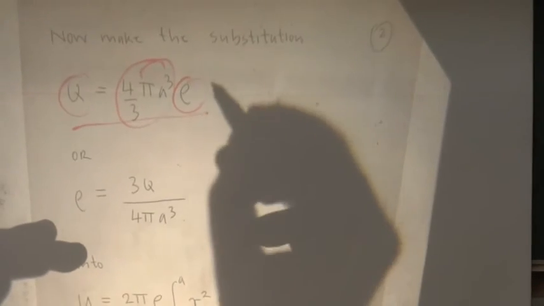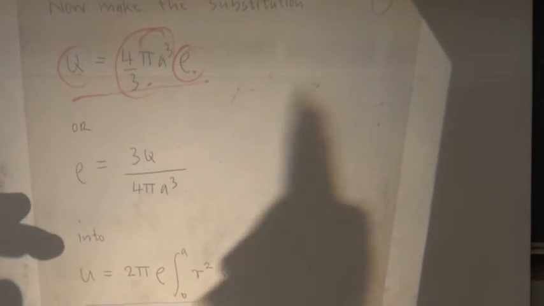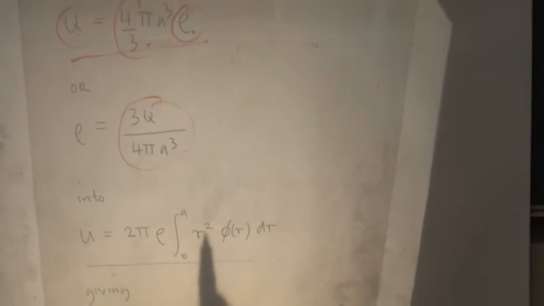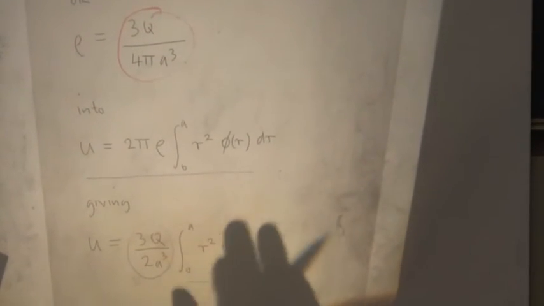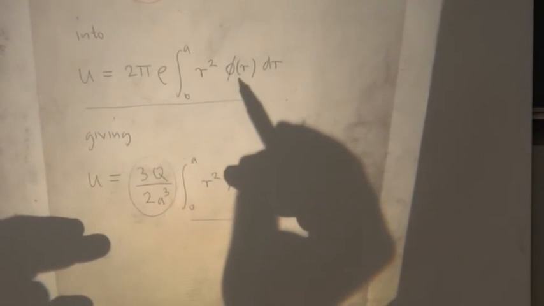If you make this substitution, we can always use either rho or q, because this is just the fixed volume of the ball, so the total charge is its volume times the charge density. So you can always express rho in this way. If you re-express your integral, a half rho phi, in terms of the variable rho, the integral is a very straightforward one.